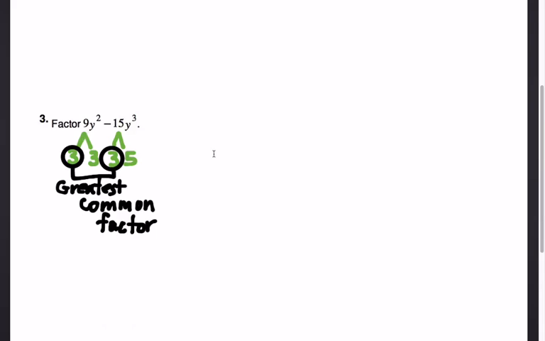So the first thing we'll do is demand that 3, the greatest common factor of the numerical coefficients, be something that we factor out in this problem. And I'm just going to write an empty set of parentheses next to it.